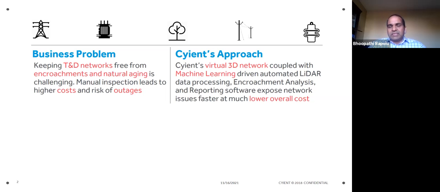So depending on what kind of problem we are addressing, digital twins range from an individual asset like transformer, or a group of assets like a substation, or an entire network for thousands of miles of transmission and distribution networks.